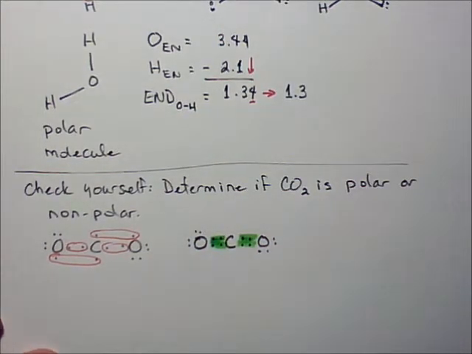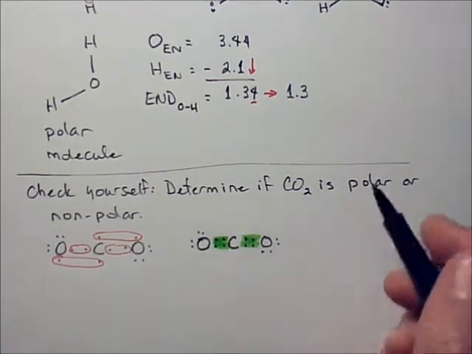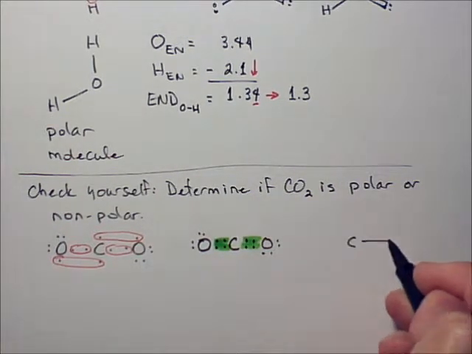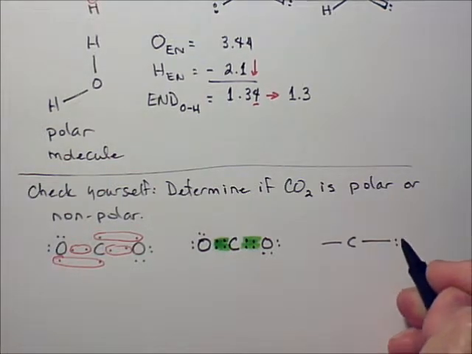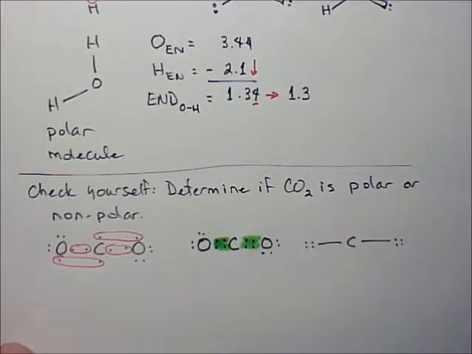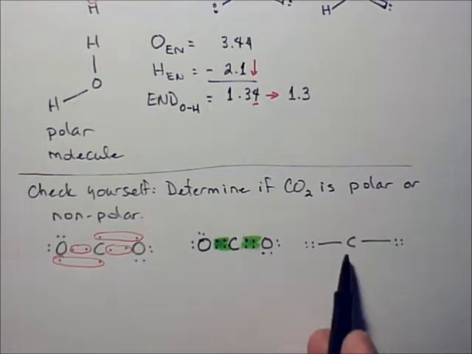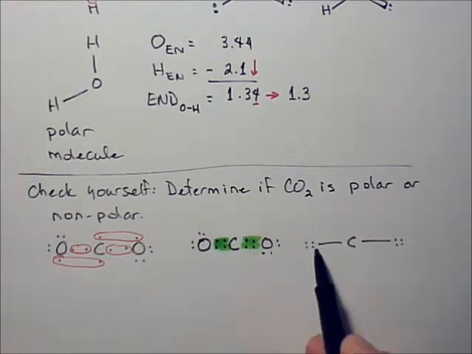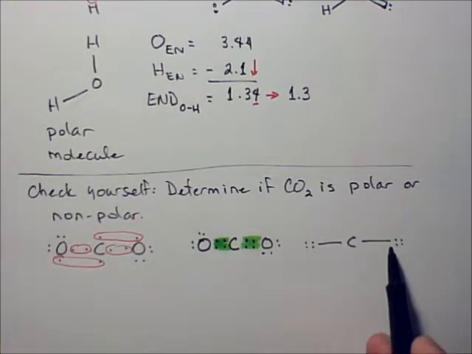Okay? 2 sets of electrons, as far apart as I can get them in 3-dimensional space, is what degree angle? 180. That's a straight line. I can't get them any further apart than that. Okay? The next step, then that's actually our electron pair shape.